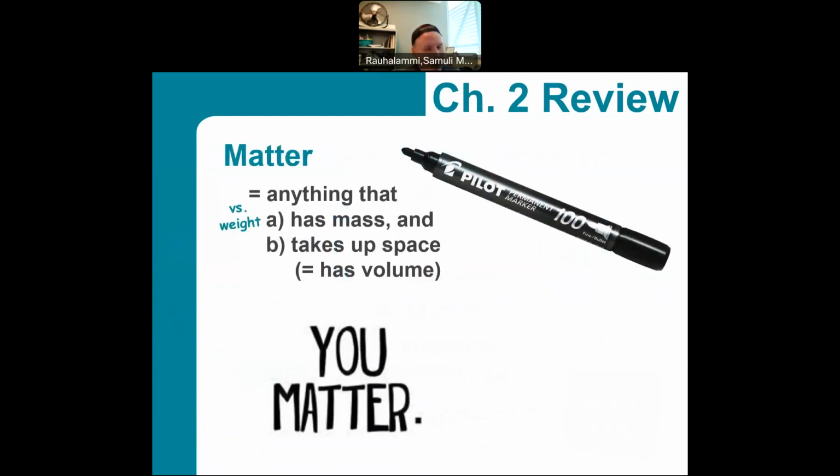Some of the terms that I want to make sure that we feel comfortable with as we're covering those: the term matter refers to anything that has two properties. First of all, if something is matter, it has mass. And sometimes students ask me what's the difference between mass and weight.